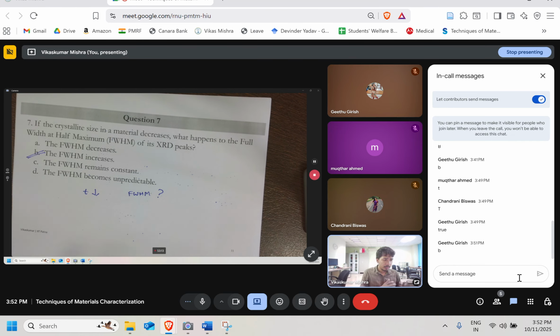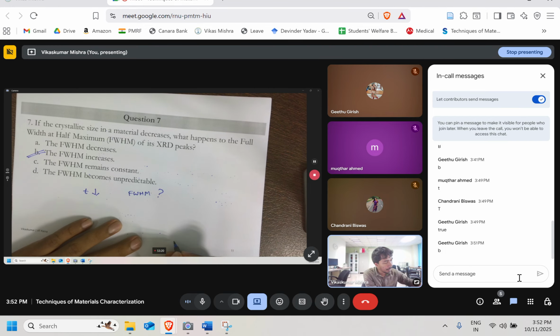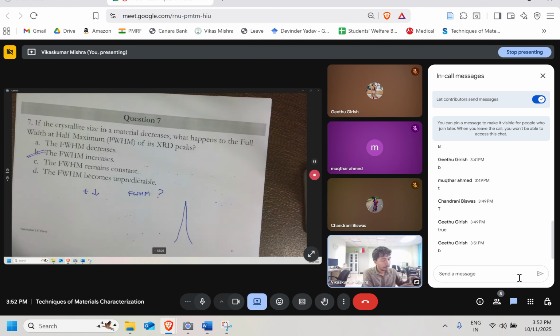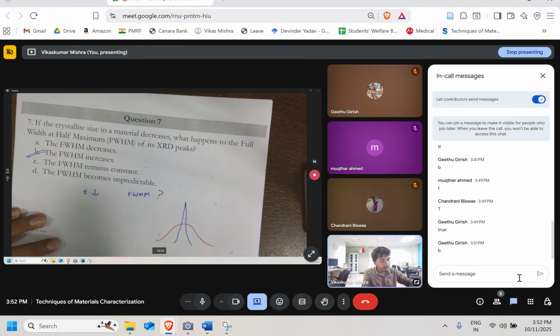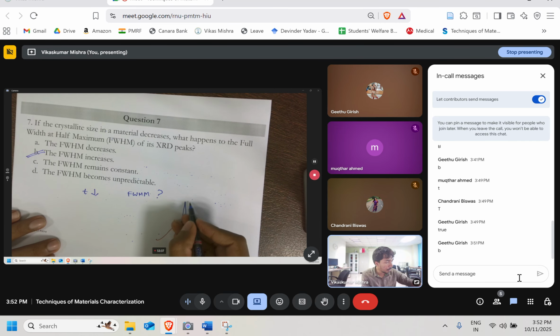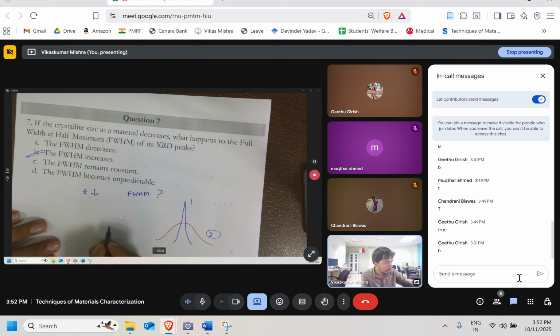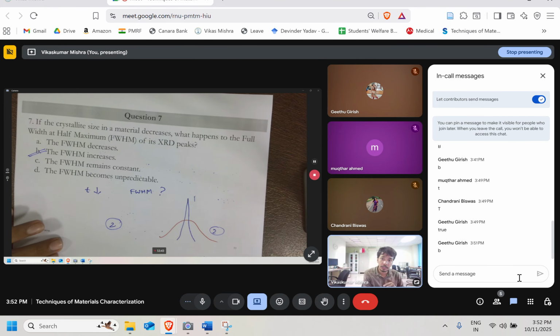We can relate this. Let's say you saw in your XRD pattern that case one is like this and case two is like this. In which case is there more broadening? We can see that case 2 is the one having more broadening.